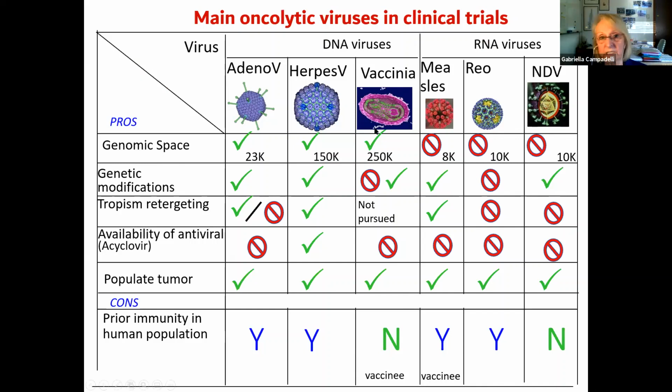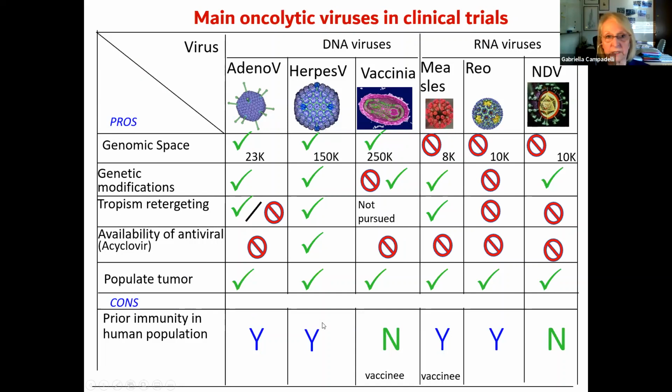Here I have listed some of the most important ones. Any virus is different, so any virus has different advantages and disadvantages, and I have listed here the major pros and cons.